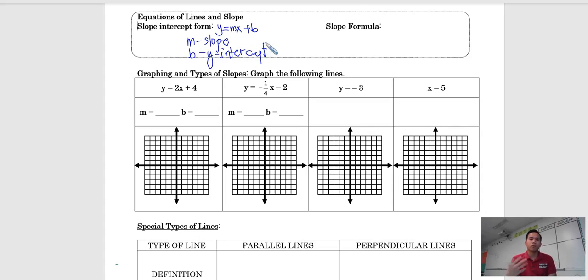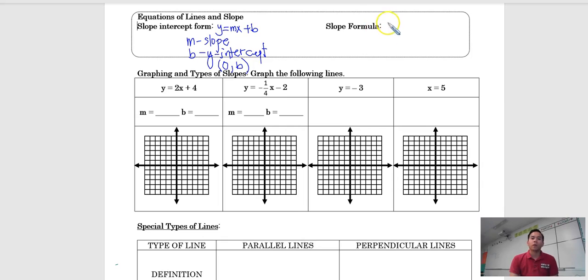This is just the discussion that you had in your Algebra 1 before. And take note that when x is 0, the value of y is b. So it's written as (0, b), meaning when x is 0, what's the value of y? It's the b in your slope-intercept form.